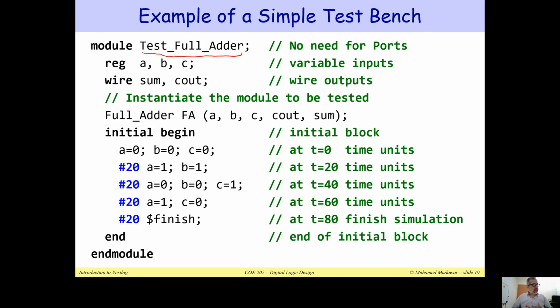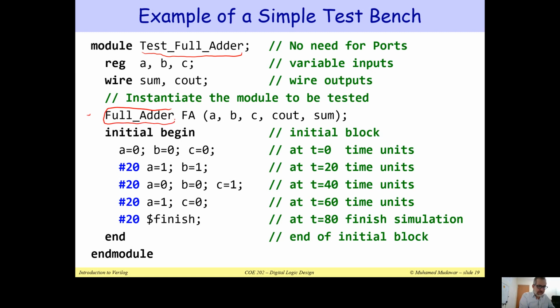Now, in order to test the full adder, I have to instantiate it inside the module. This is called module instantiation. This is also another concept that we need to understand very clearly in Verilog. So inside this test bench, what I really need to do is create an instance of full adder.